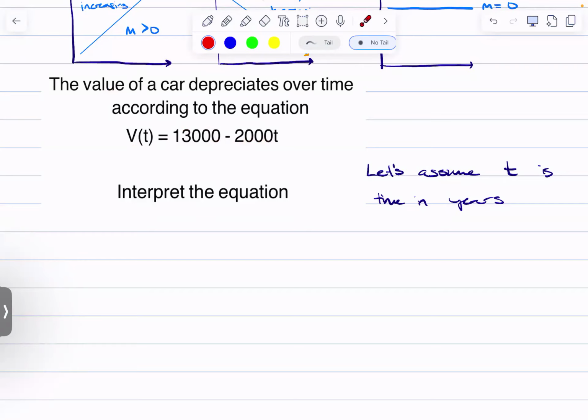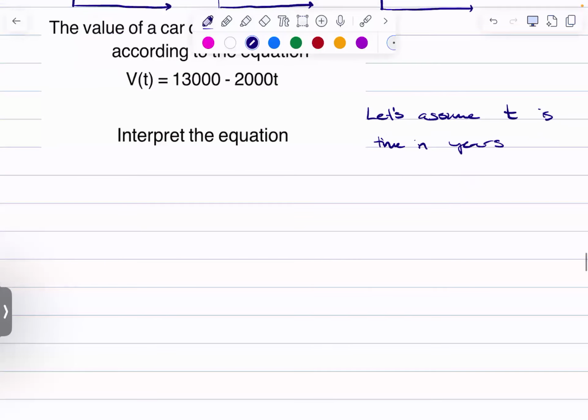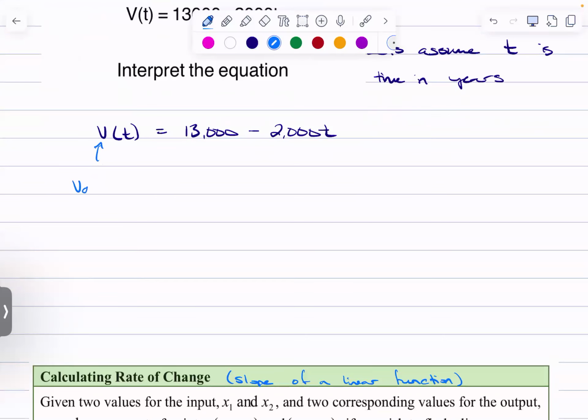Okay. And so we have v of t, let me just write it out here. 13,000 minus 2,000 times t. So here, the value after t years.